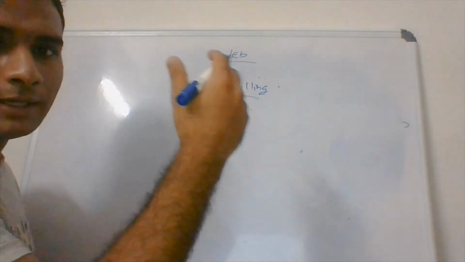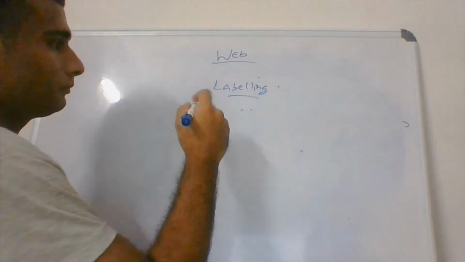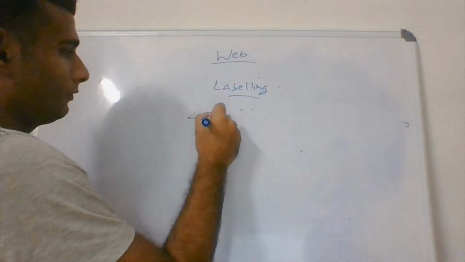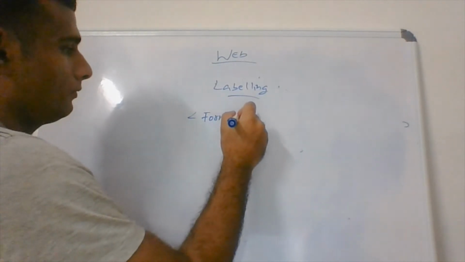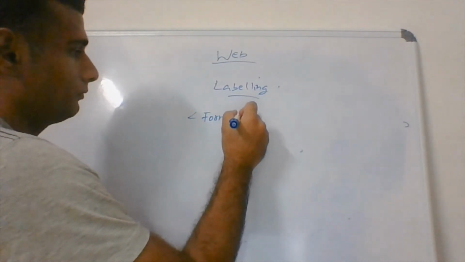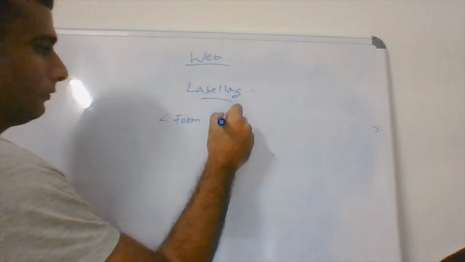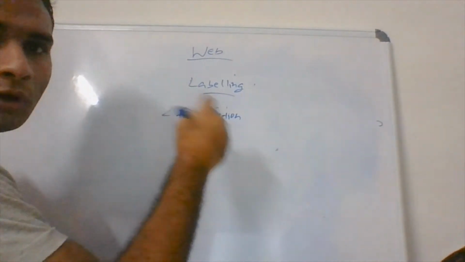So let us see three radio buttons with label. This is form action.